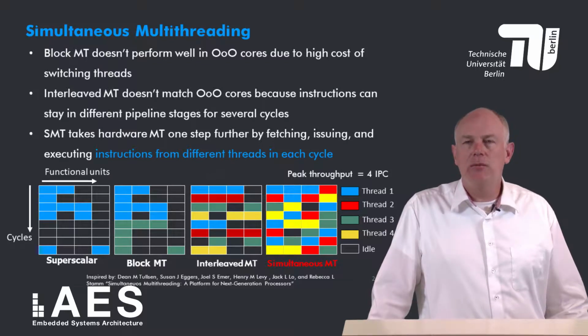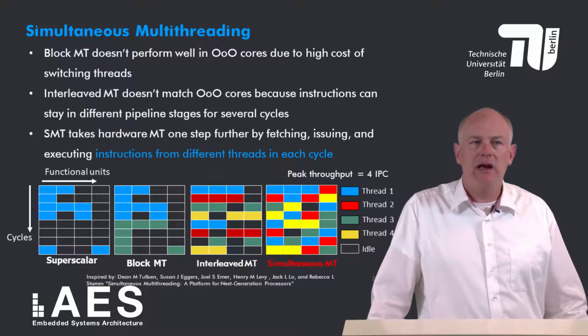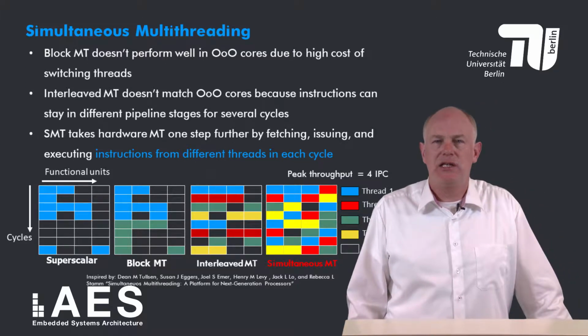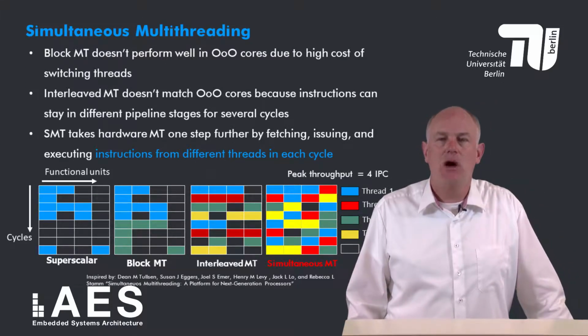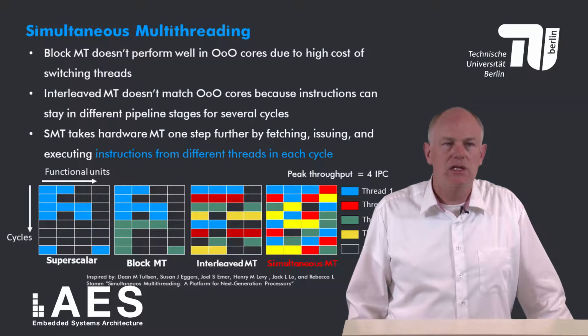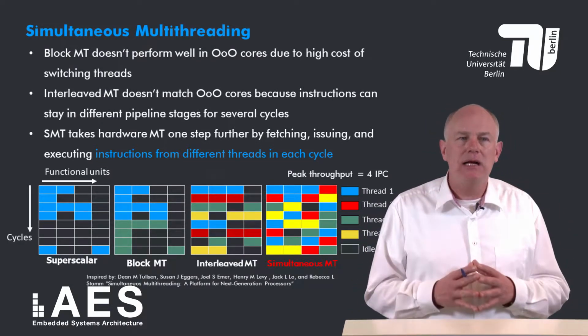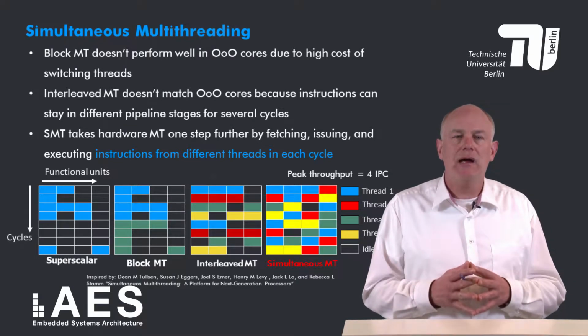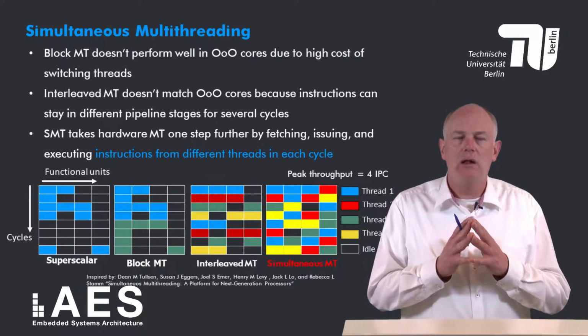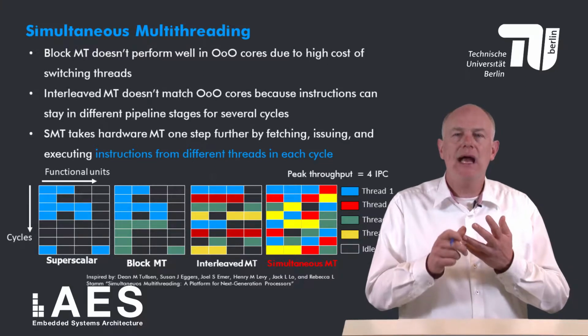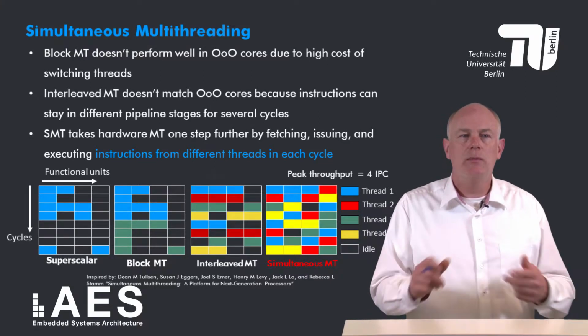Furthermore, fine-grained multithreading, interleaved multithreading, also doesn't match with the peculiarities of out-of-order superscalar cores because instructions can stay in different pipeline stages for several cycles. Remember Tomasulo algorithm? Issue, execute, write result, commit.